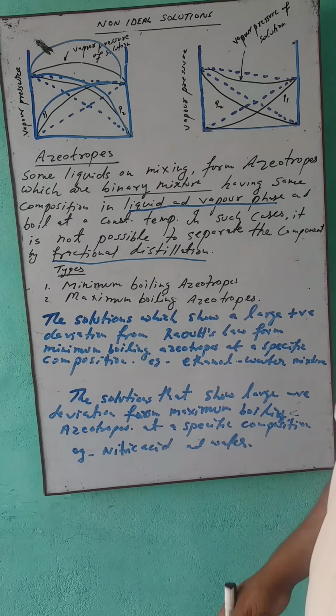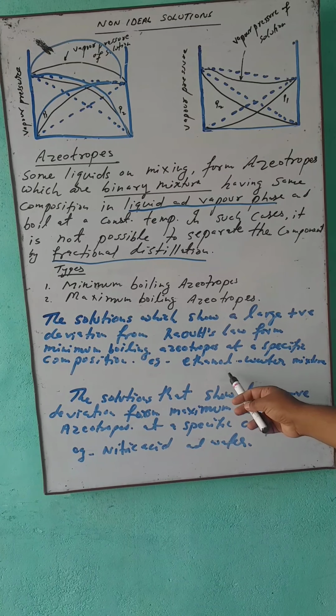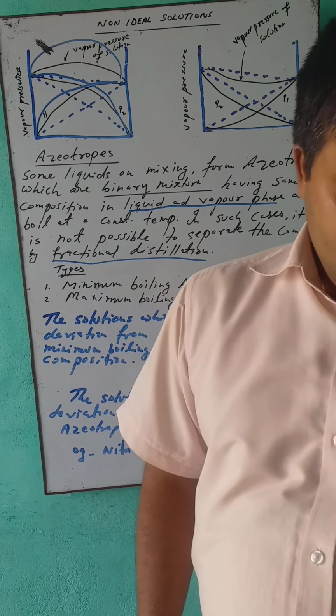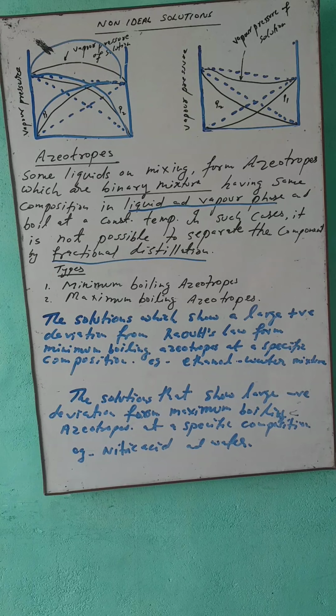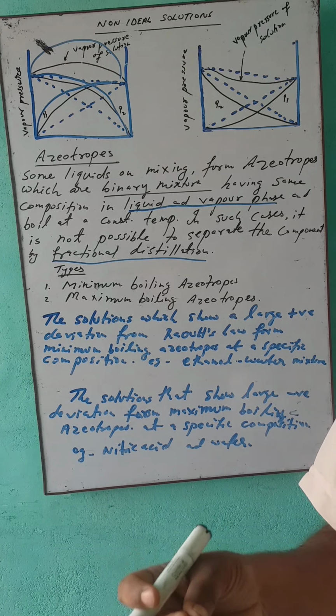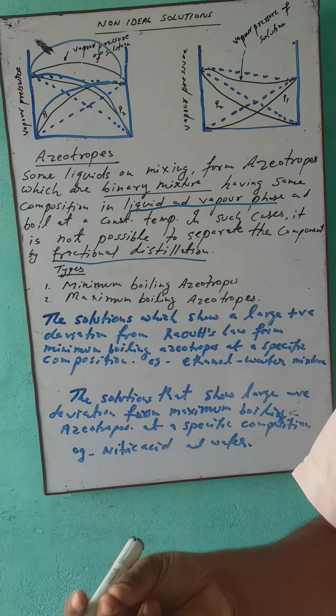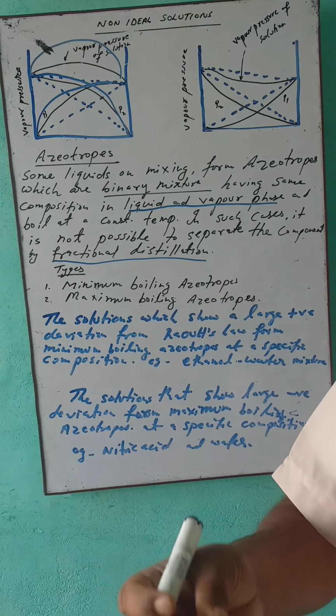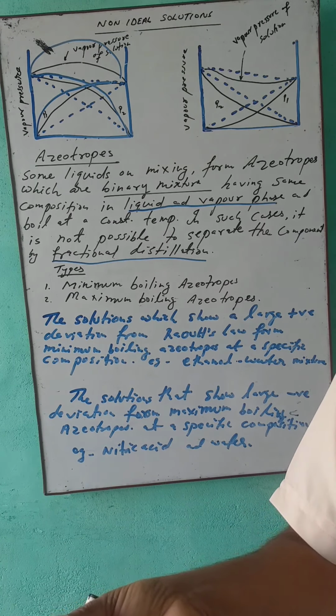Some examples we can consider, like ethanol water mixture. So ethanol water mixture, we can take as an example, obtained by fermentation of sugar. On fractional distillation it gives a solution containing approximately 95% by volume of ethanol.